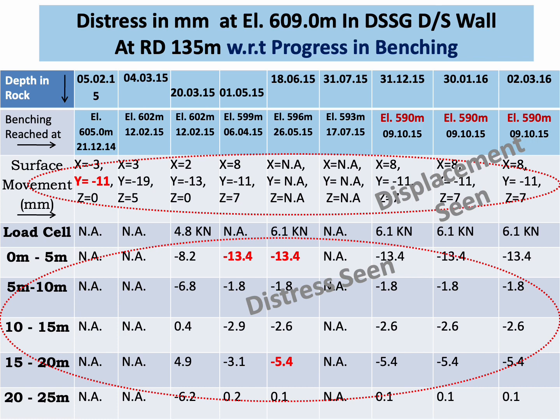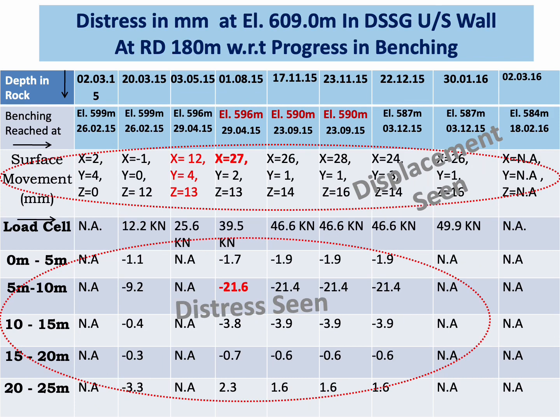So with the progress of benching, now we see that there are displacements within the 25 meter reach of the walls, and at the surface they are happening.